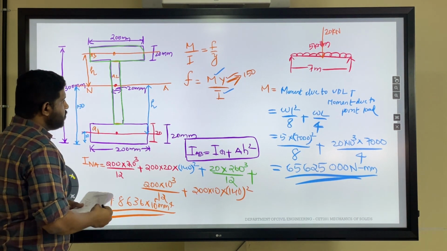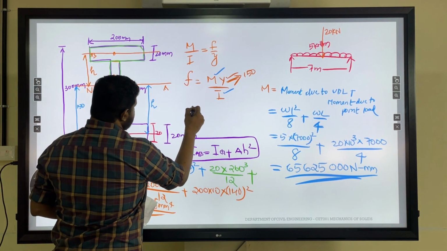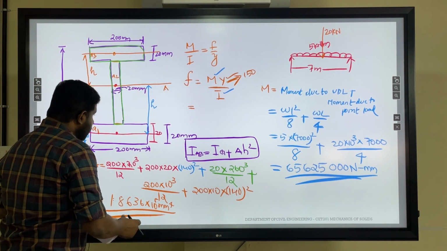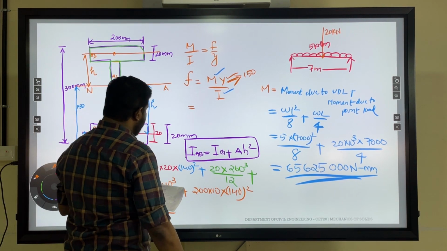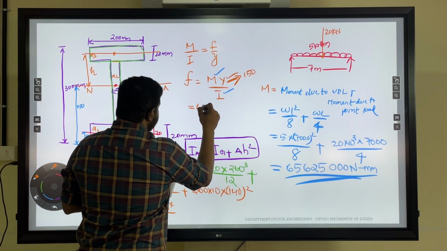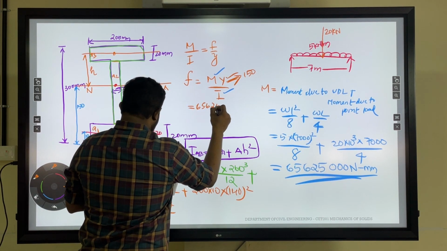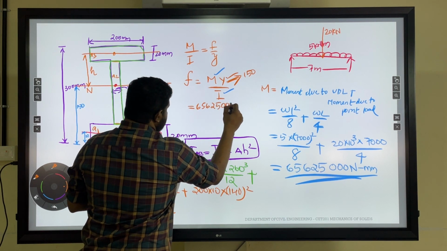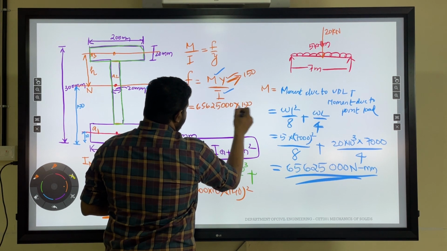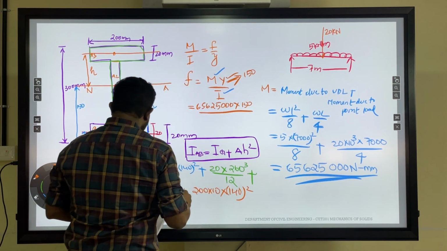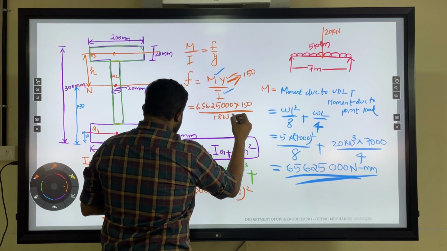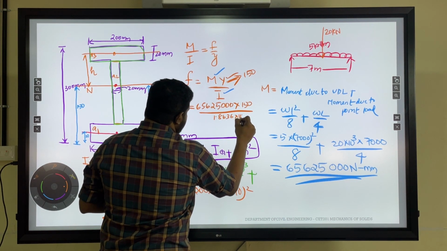On substituting the values, you will get the bending stress. Substituting, you get f, where the M value is 6562500, into the y value 150, divided by the I value, 1.8636 into 10 raised to 8.